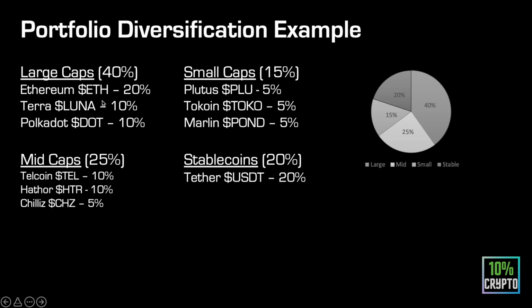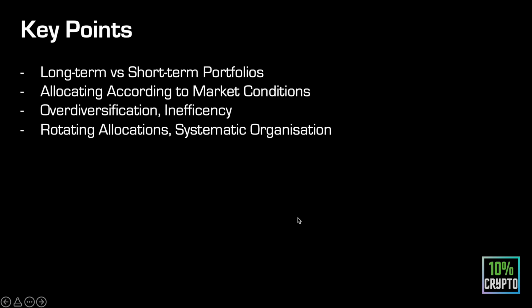Here I've got 3 coins, I've got 3, and I've got 3. So in total this is 9 coins, right? Some people, most likely ignoring the large caps, will come into the mid small cap and have like 10 coins here and then another 7, 8 here. You don't want to be investing into a lot of coins.